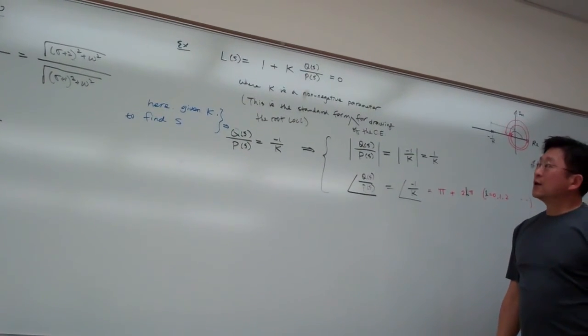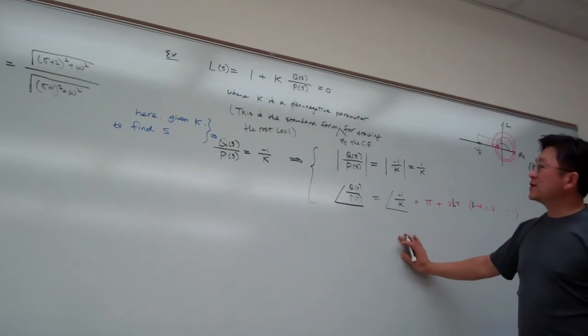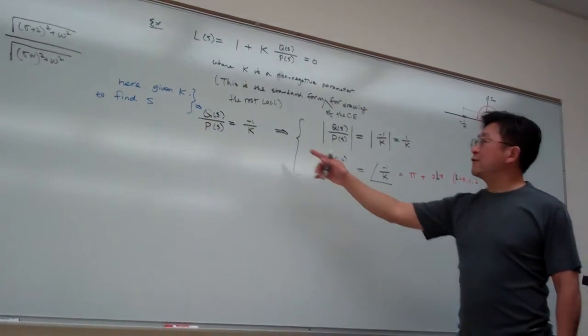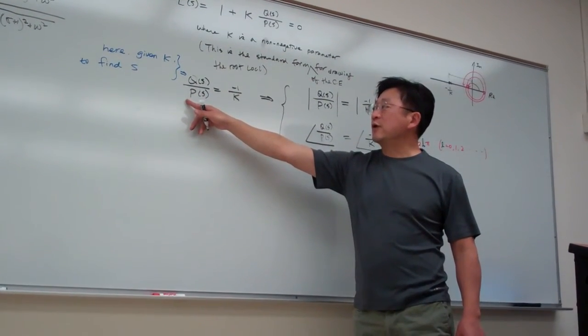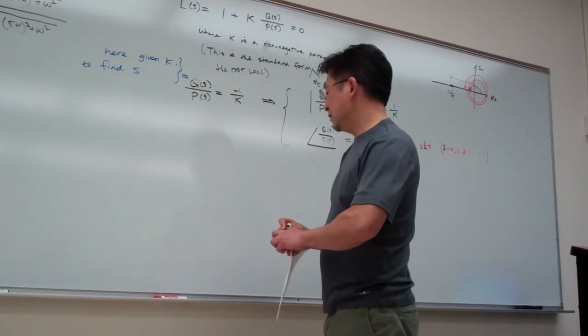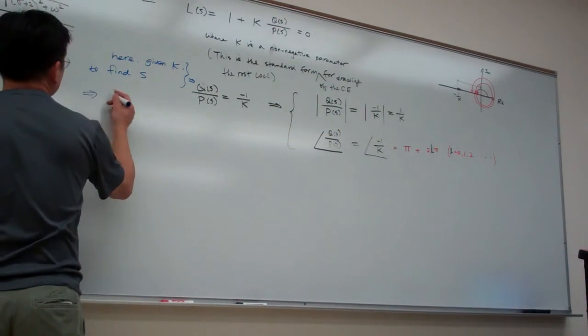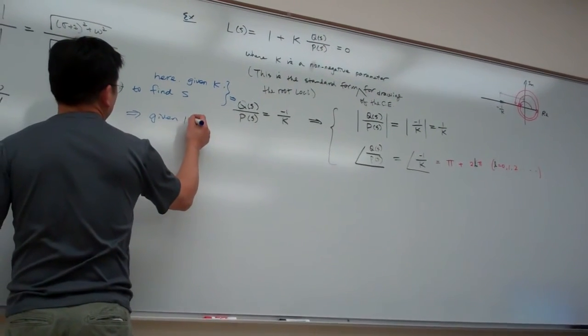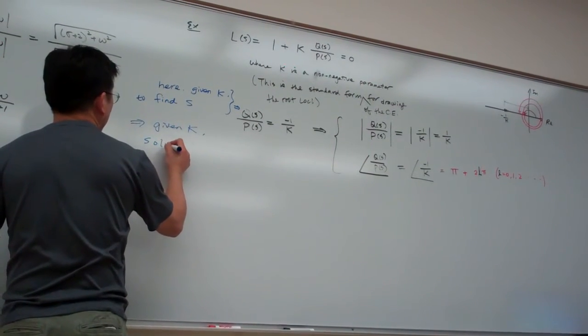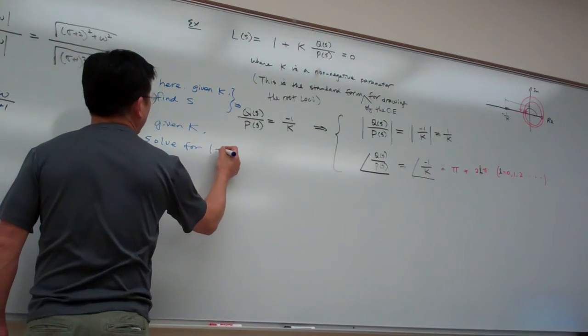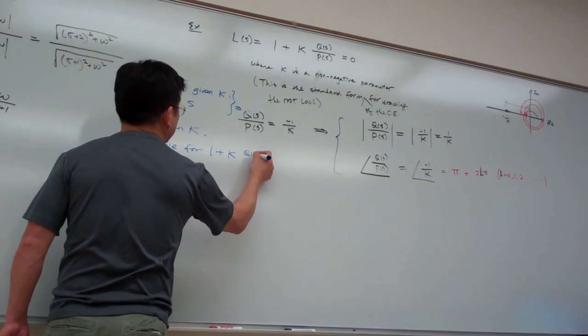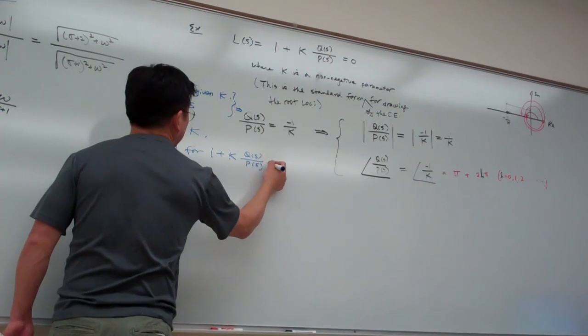So for finding this one, if you're going to solve this equation, which means given K, solve for 1 plus K Q(S) P(S) equal to 0.